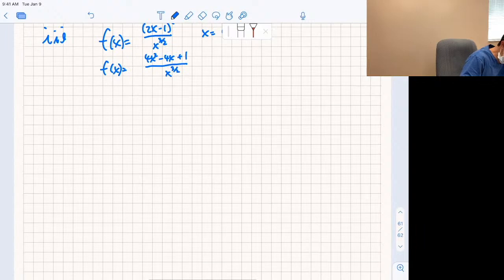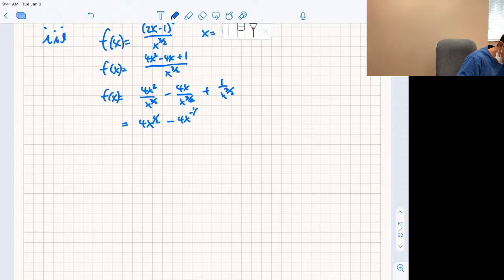Then I simplify each one by splitting: 4x squared over x to the 3 over 2, plus 4x over x to the 3 over 2, plus 1 over x to the 3 over 2. Simplifying each one, it'll be 4x to the 1 half minus 4x to the negative 1 half plus x to the negative 3 over 2. Does that make sense? I didn't do any calculus yet. I did all the algebra here.